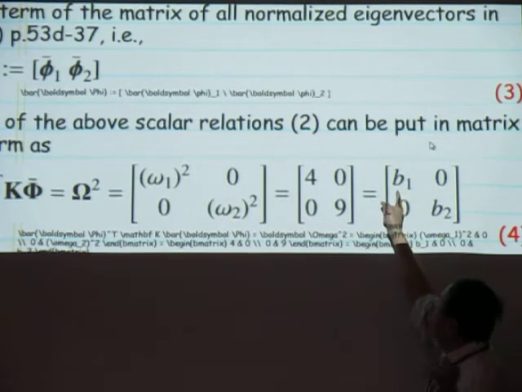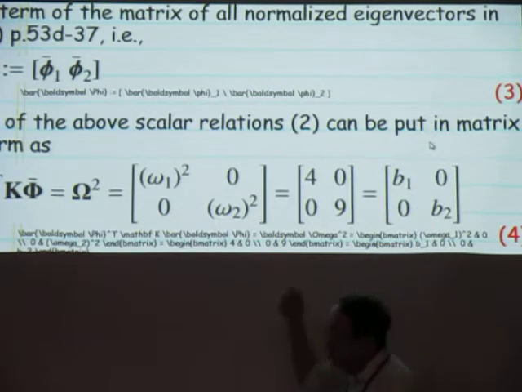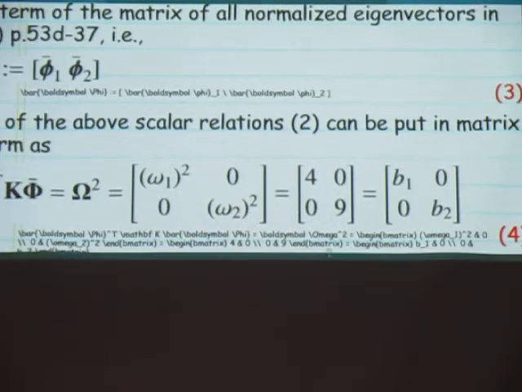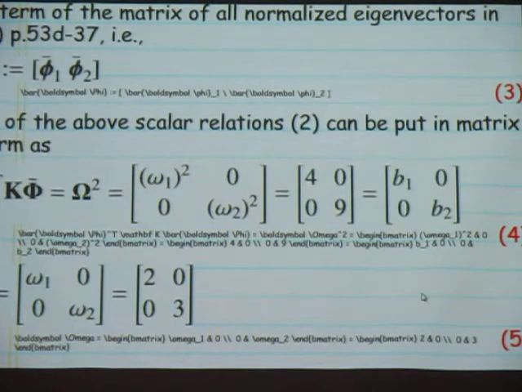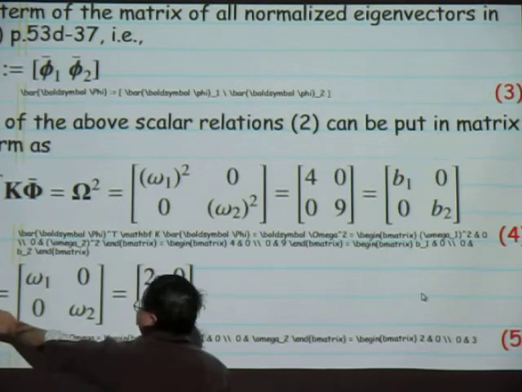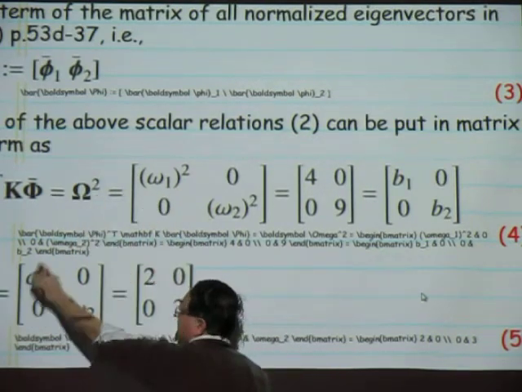And just to introduce a notation that you would see used later, I call B1 and B2, but I could also write beta 1 and beta 2 there. Okay. And this is the matrix which I define as gap omega, and gap omega does not have the square, right? So this is gap omega square.